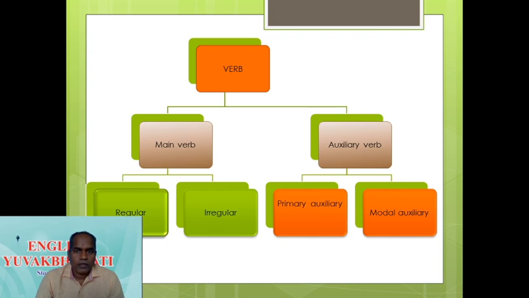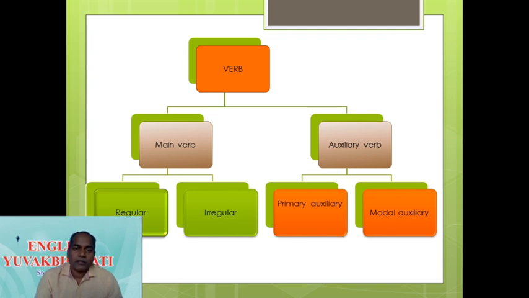Usually you might have seen 4 forms, but here types are different and forms are different. Forms: present form, past participle form, and present participle form are the forms of the main verb. But here verb types we are going to learn.